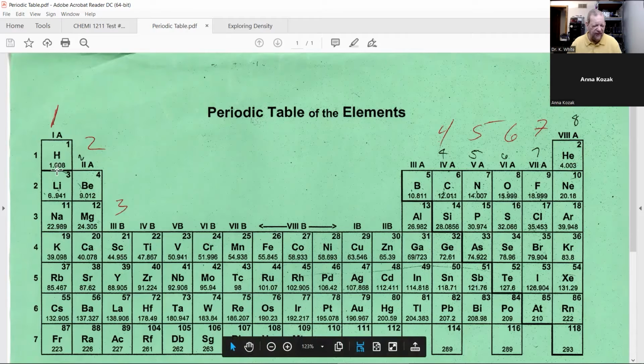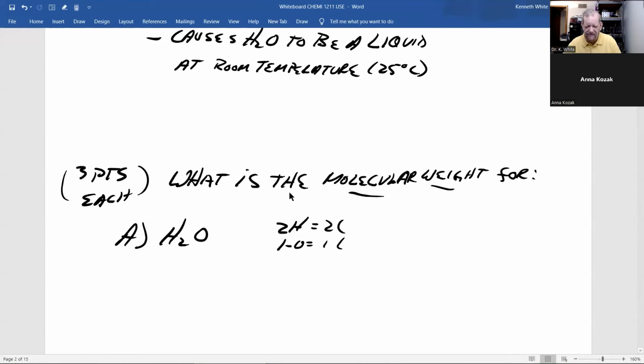So for hydrogen, to 3 significant figures, the atomic weight is 1.01.